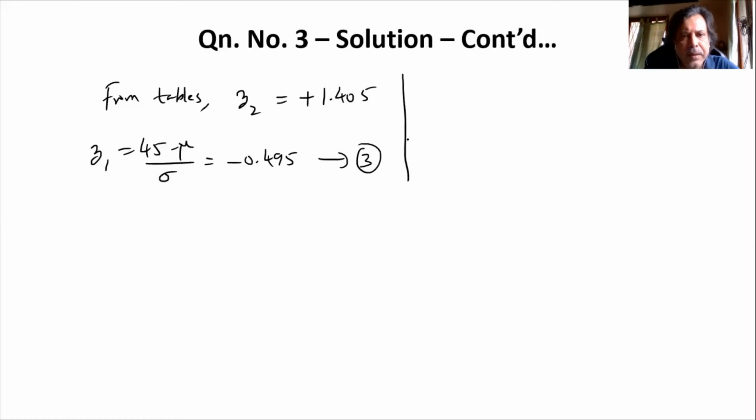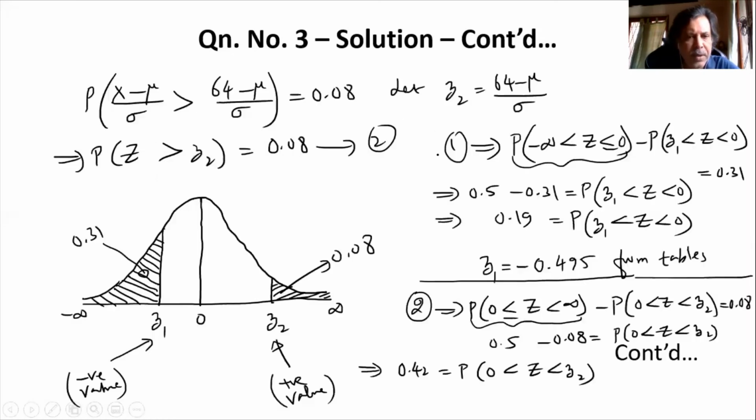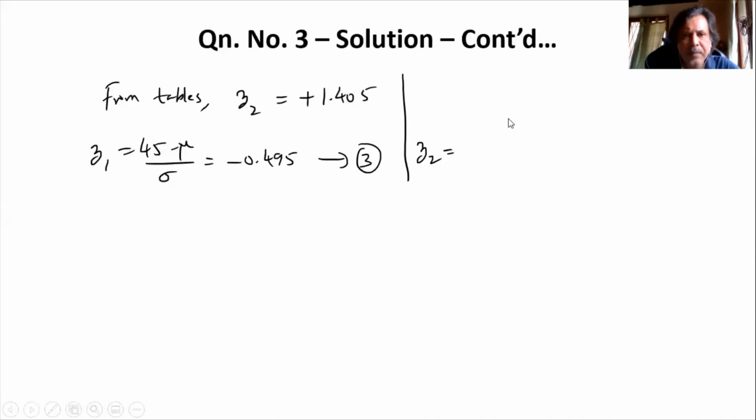Then Z2. What is Z2? In the previous slide, we wrote what Z2 is. Z2 is 64 minus mu by sigma. And we know it is positive. Here it is written 1.405. Let me call this equation 4.